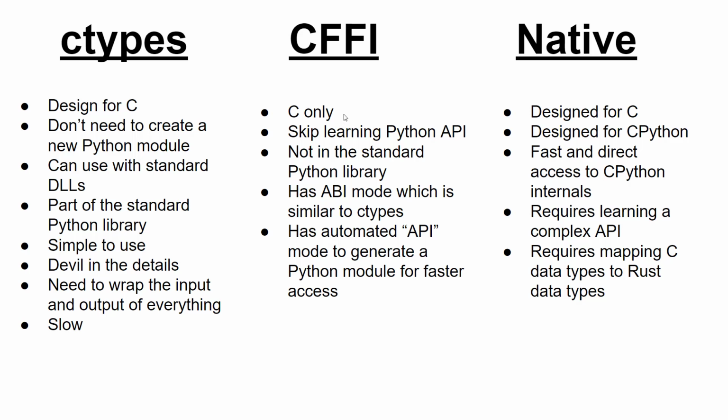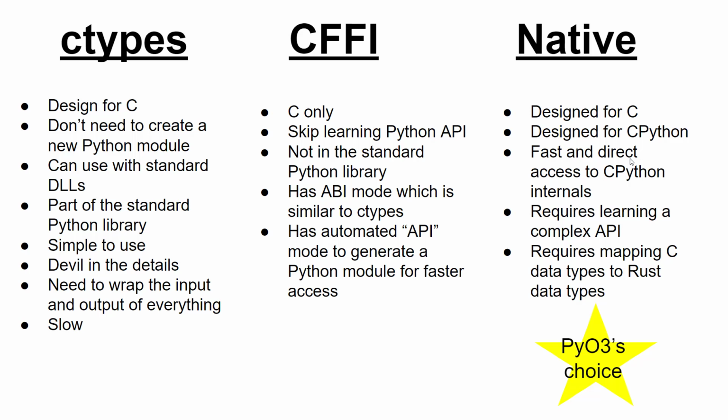PyO3 opted for the full native API, and that's because it's designed for C, and it's designed specifically for CPython, and so you have fast direct access to the CPython internals, but it does require learning a complex API, and it requires mapping C data types to Rust data types.